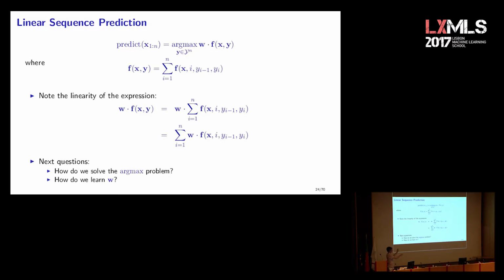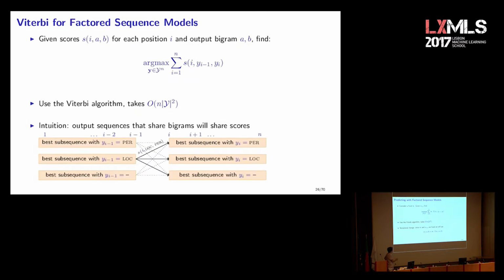This doesn't tell me that these are sequences. This tells me that this is a sequence, and I sum scores over time. So what I want to do first is forget that we have linear models, and say that for each position and every bigram, AB standing for a label bigram, I have a score, such that I can write this like that.